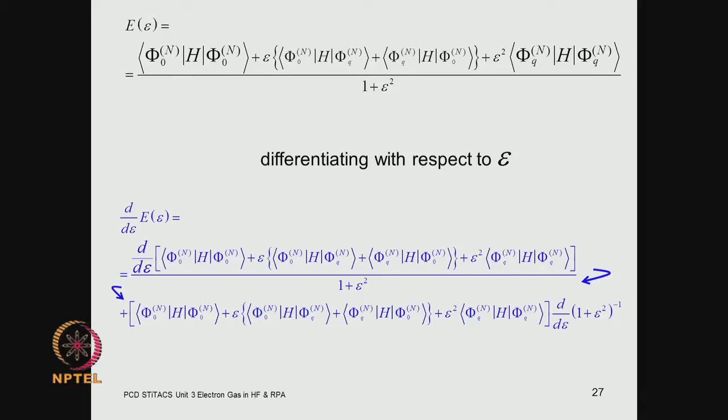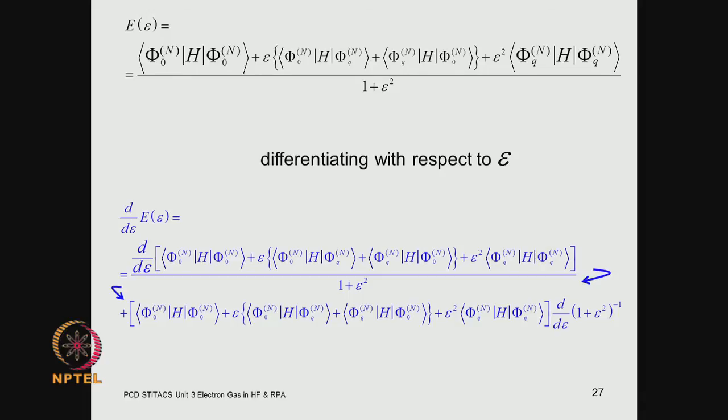The first term is the differential of the numerator. Numerator has got no epsilon in the first term, and this term is linear in epsilon. So, when differentiated with epsilon, you will only have this combination of these two terms in this bracket, and then here you will have this coefficient times twice epsilon, which is the differential of epsilon square with respect to epsilon.